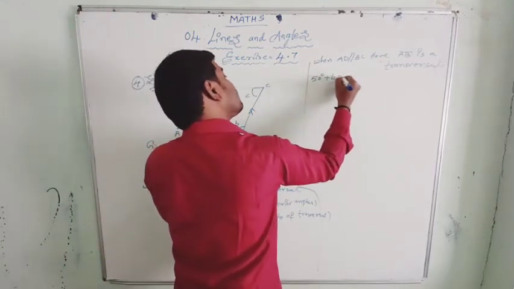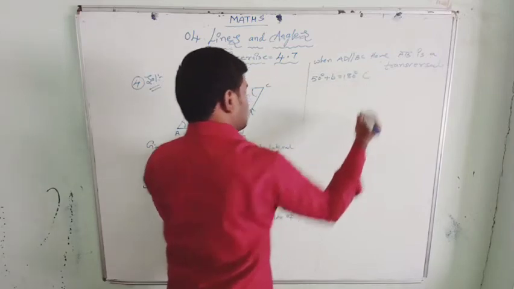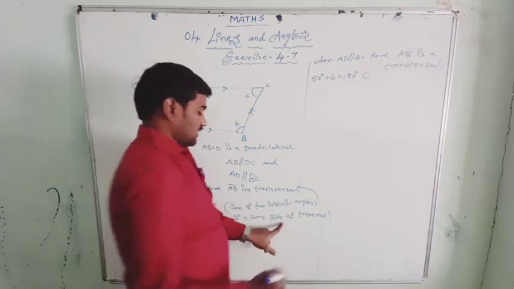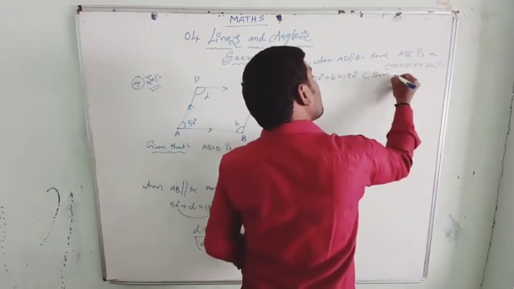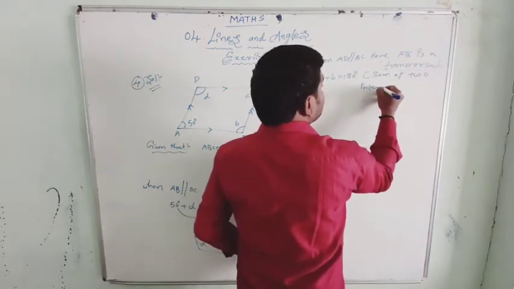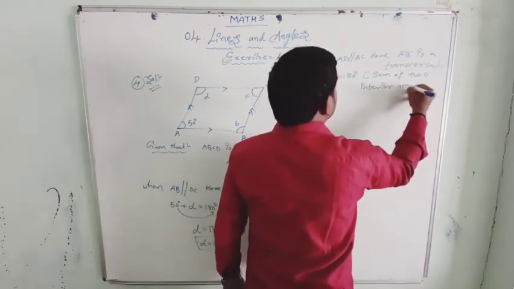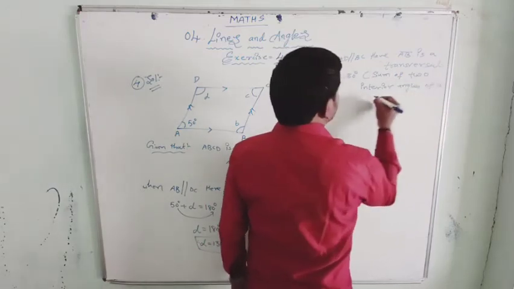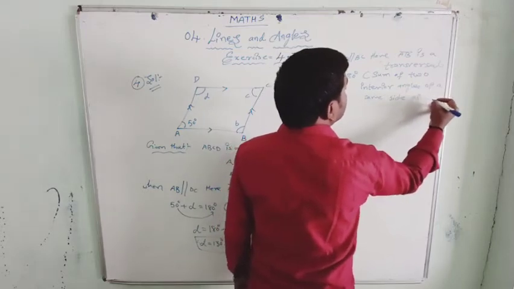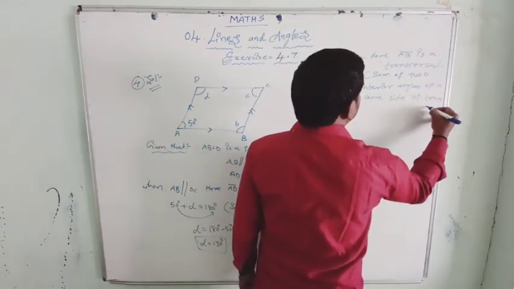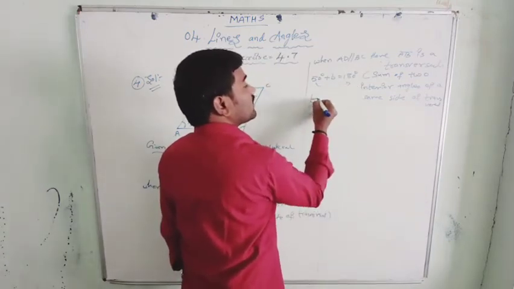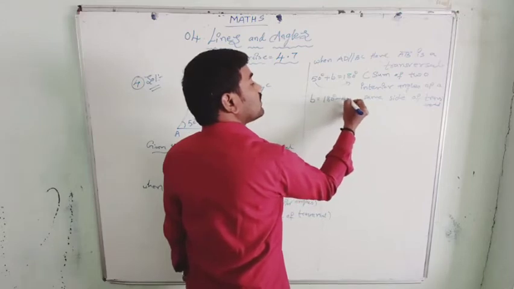50 degrees plus B equals 180 degrees. The same condition again: the sum of two interior angles on the same side of the transversal. Transferring this 50 degrees to the other side, B equals 180 degrees minus 50 degrees.